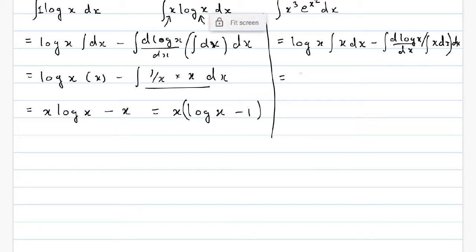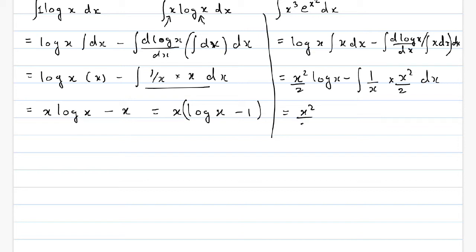So integration of x is x square by 2, so I'll write it as x square by 2 log of x, minus differentiation gives me 1 by x and integration of x again x square by 2 dx. So clearly here I'll get another x by 2, so integration becomes x square by 4.